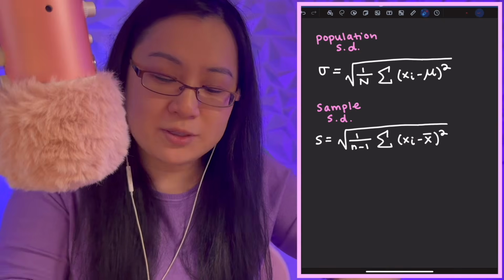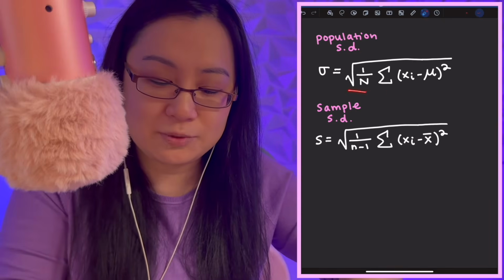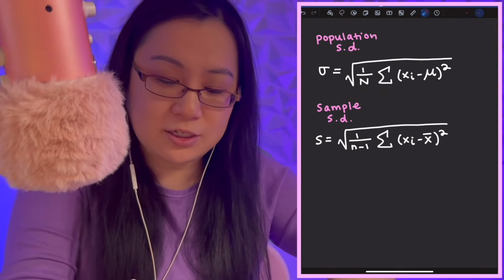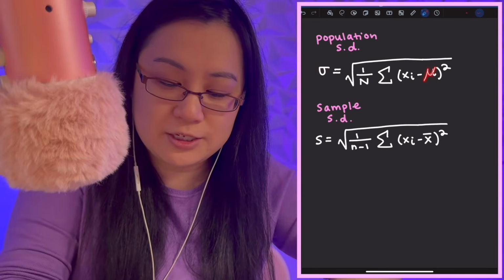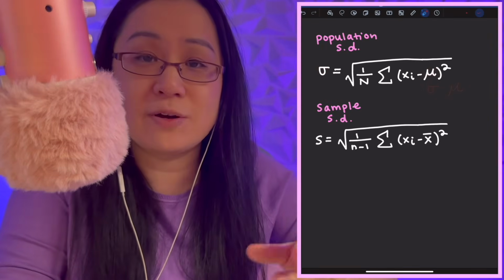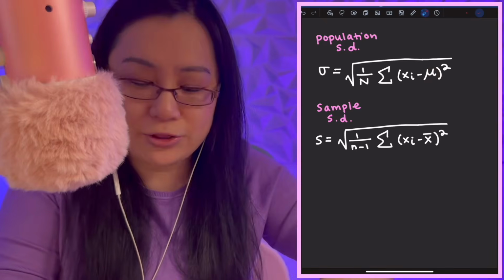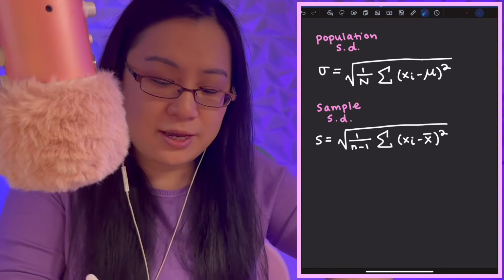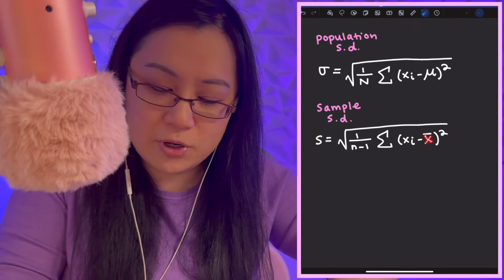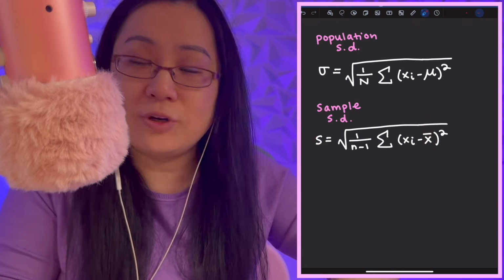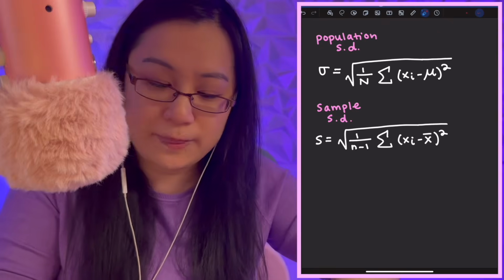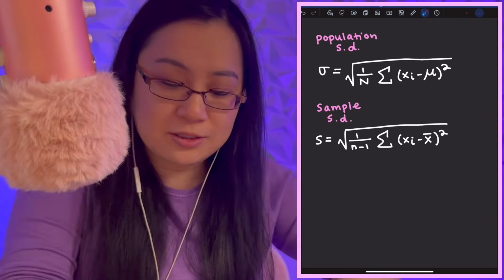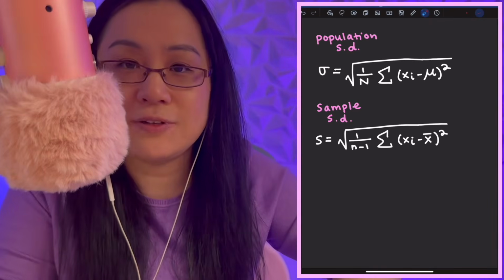Sometimes, by the way, you're not asked to calculate this. Sometimes you're just given sigma. That's okay too. But if you ever see sigma and mu like this, they come paired together usually. You are looking at population statistics, and if you see S and X bar, that would indicate that you're looking at a sample. Mu is the average, the population mean. Sigma is your population standard deviation.